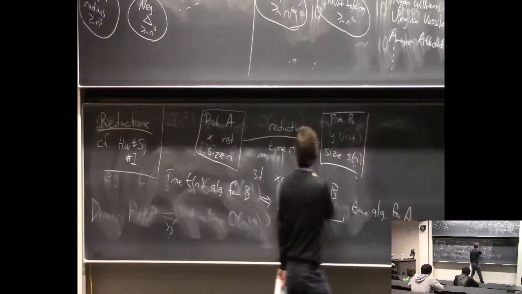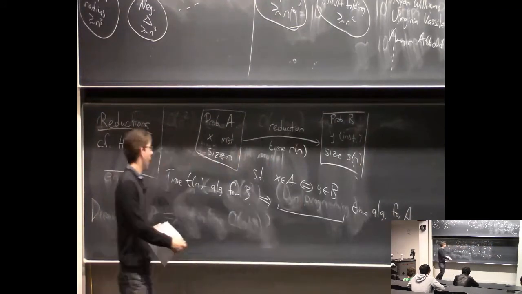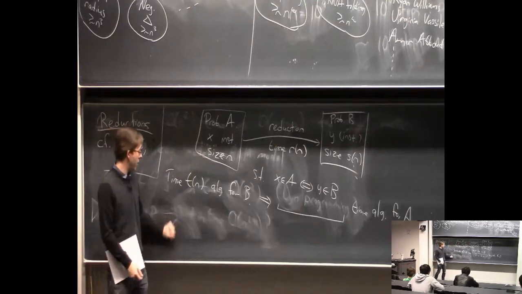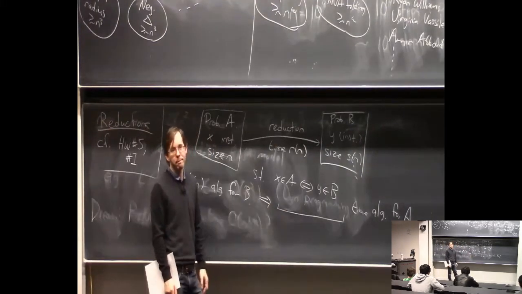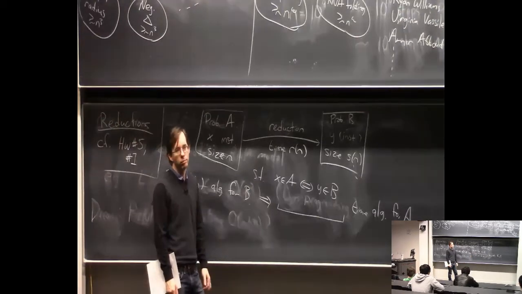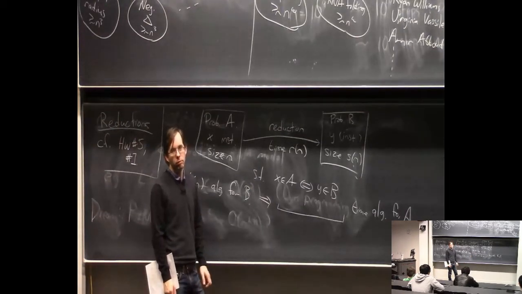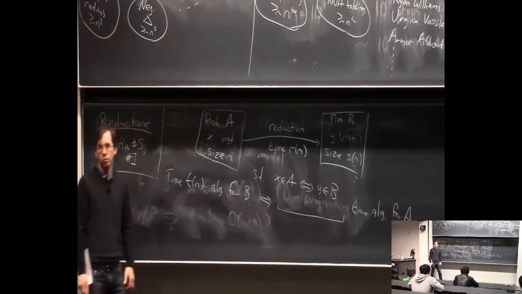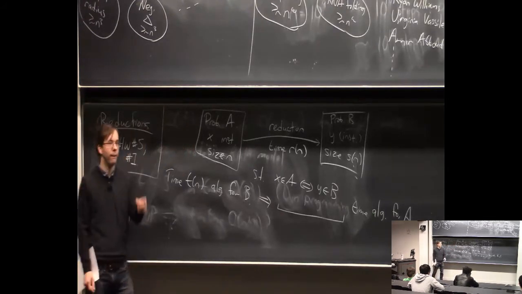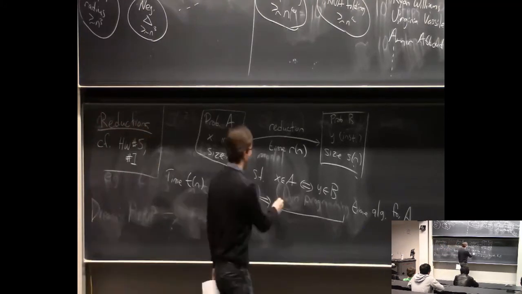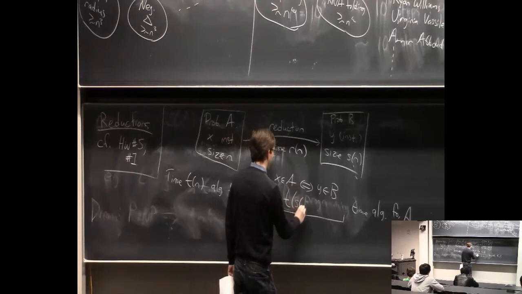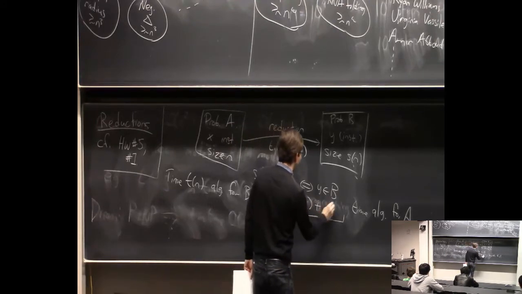Suppose we have a reduction with these properties, and we also have a time t algorithm for B. What is the running time that we can get for problem A? Yeah? T of S of n plus R of n. Great. Yeah, T of S of n plus R of n.